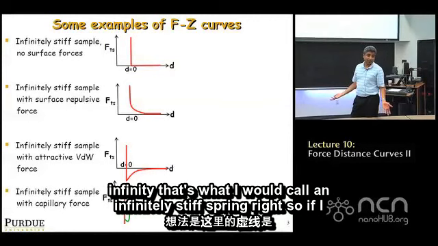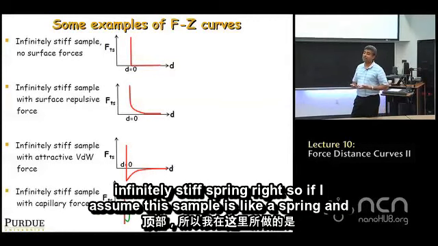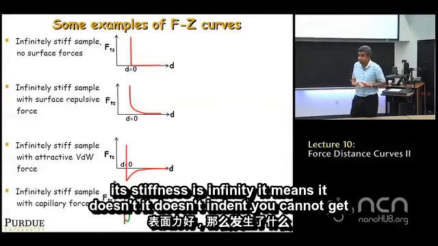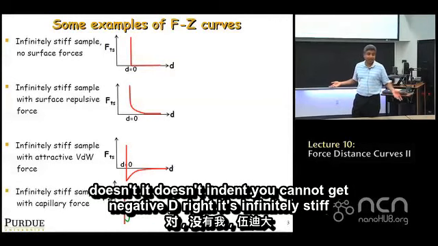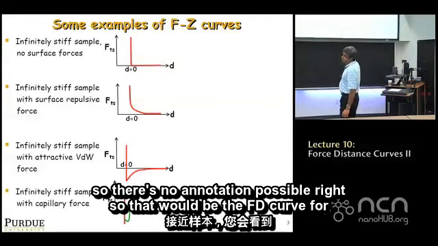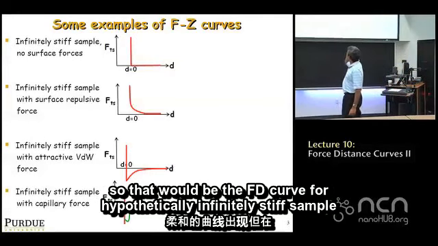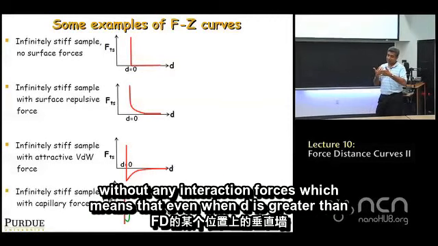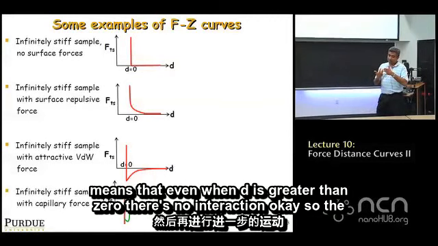If I assume the sample is like a spring and its stiffness is infinity, it means it doesn't indent. You cannot get negative D, right? It's infinitely stiff, so there's no indentation possible. So that would be the FD curve for a hypothetically infinitely stiff sample without any interaction forces, which means that even when D is greater than 0, there's no interaction.